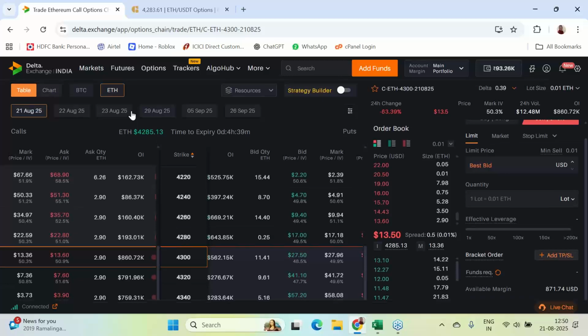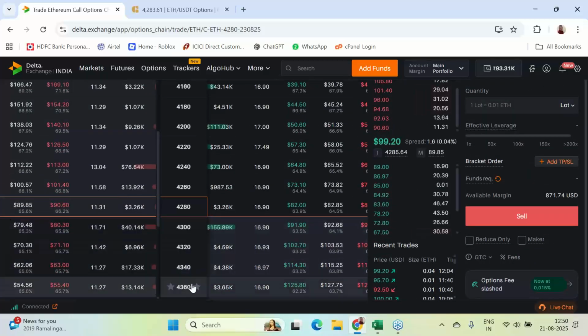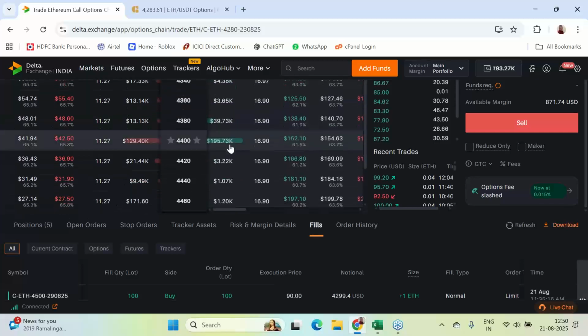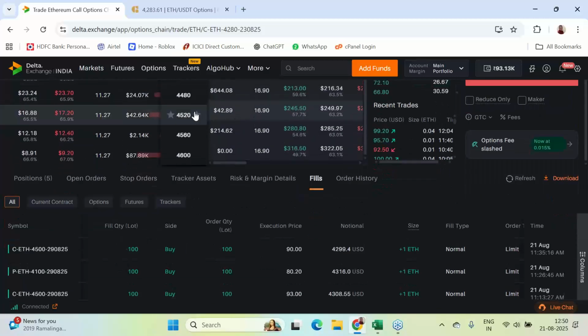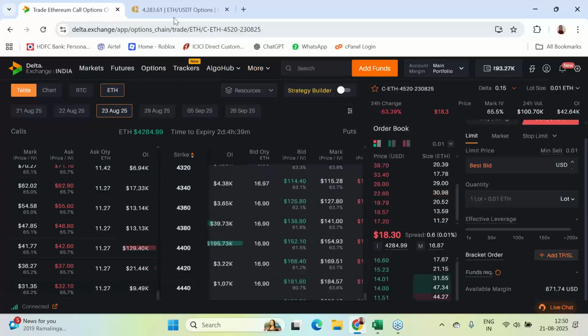However, in Delta, you will not get strikes for the 23rd like that. They are 20, 40, 60, 25 here. So if I am going for 4,520 here, it is at 16, 17 rupees.